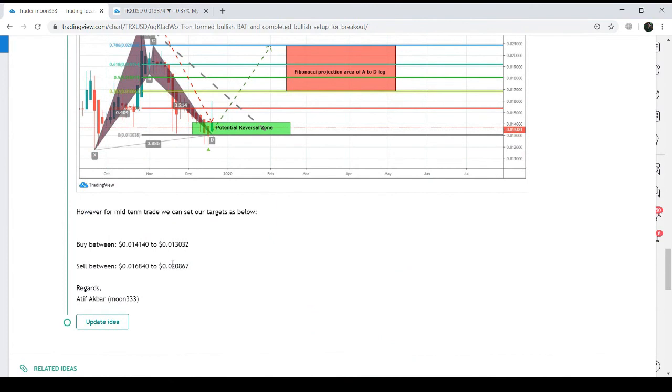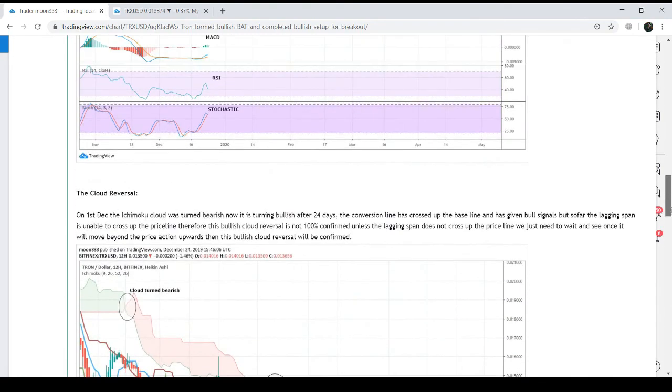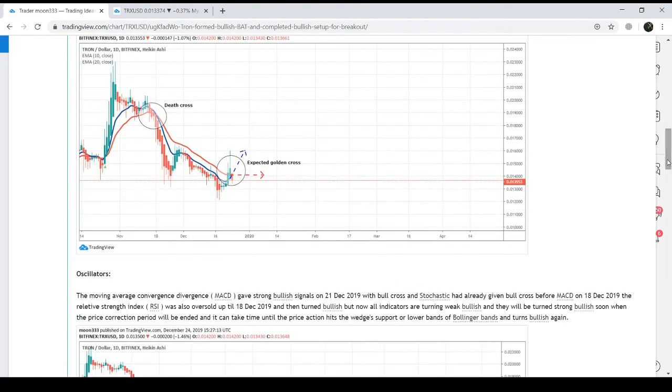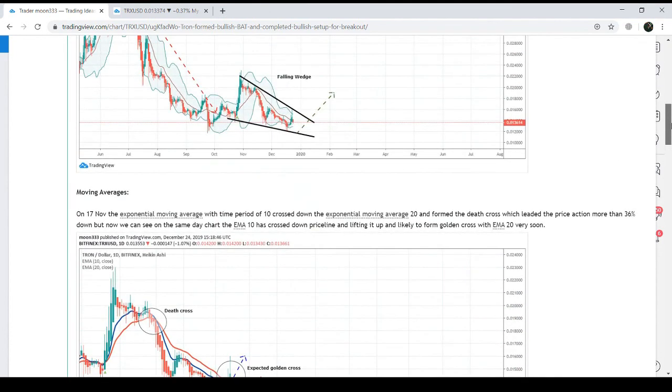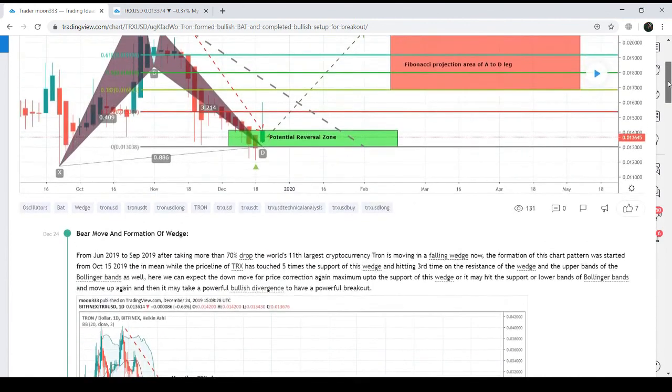This is the buying range, and these are the sell targets. If I show you the ratio of the profit, for example, this is a calculator. This trade has potential to give up to 60% profit. And this is the 3-day chart, so this is a kind of midterm chart. It can take up to a month, but it will take the bullish divergence and give you the results.